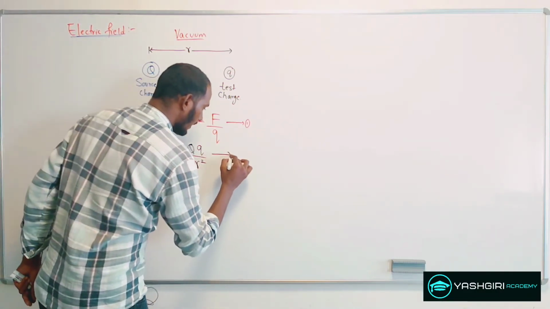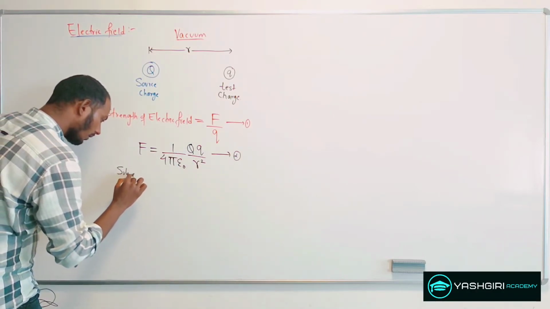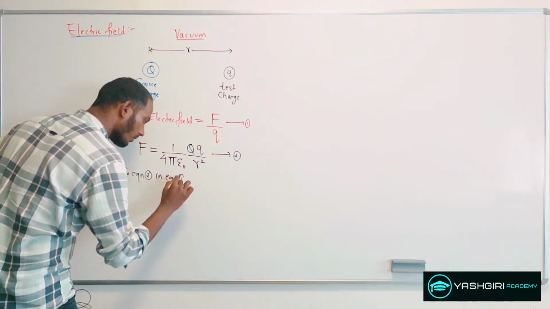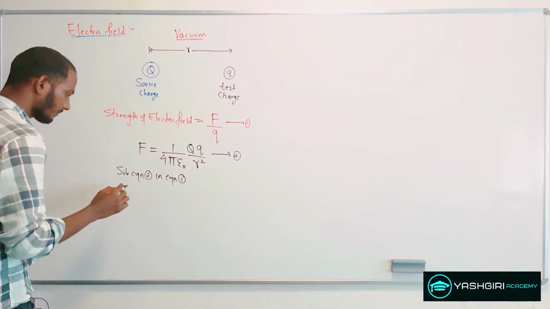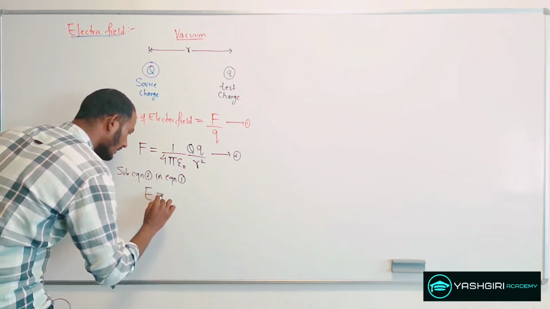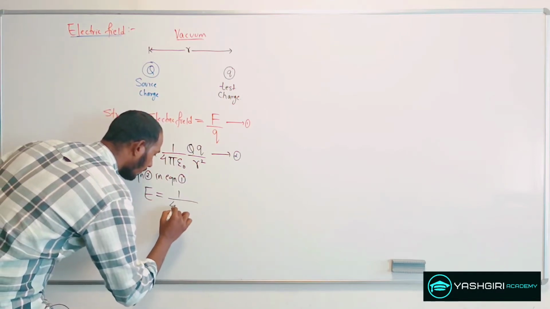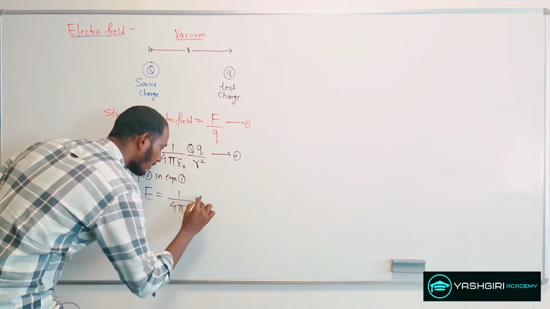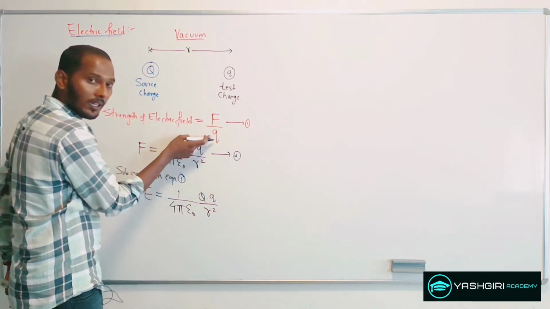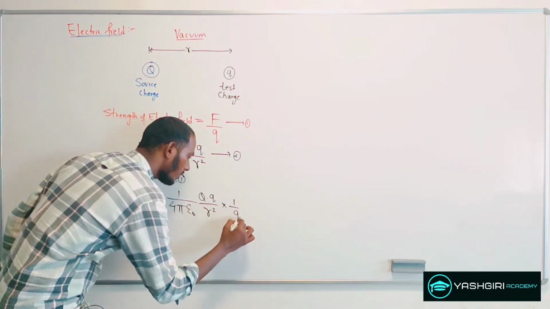Now let this be my second expression, and here if I substitute equation 2 in equation 1, what I'll get is E is equal to F, I'm replacing it by 1 upon 4 pi epsilon naught Q into q by r square, divided by q.